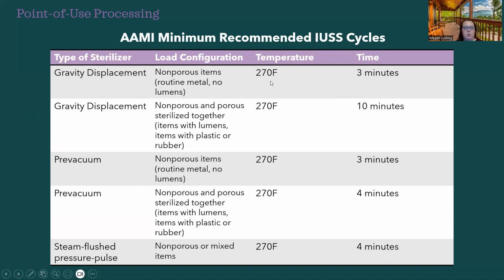So 270 degrees Fahrenheit in either 3 or 10 minutes. Now, if you're pre-vacuum, notice the second one here with the lumen is only 4 minutes. So gravity displacement is longer. Pre-vacuum can be 3 to 4 minutes. Okay. And then same here with your steam flushed, non-porous or mixed, it didn't matter, 4 minutes.